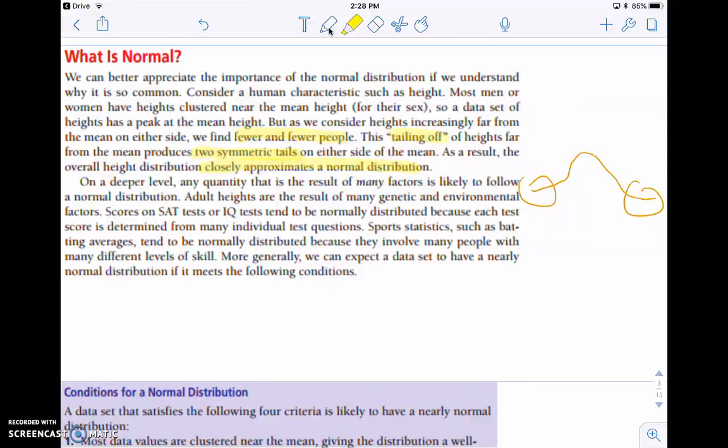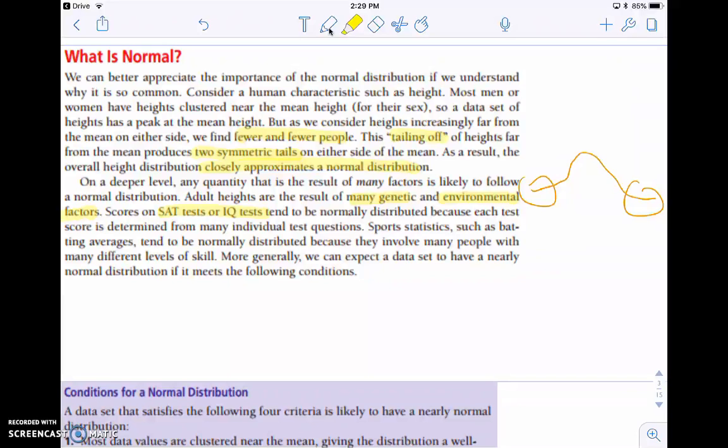Now, on a deeper level, any quantity that results from many factors is likely to follow a normal distribution. Height is the result of a lot of genetic and environmental factors, genes, diet, and other things, and there are a lot of genes in a person. Another example is scores on the SAT or an IQ test.